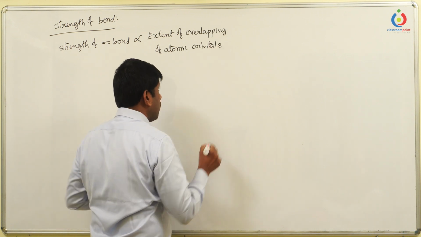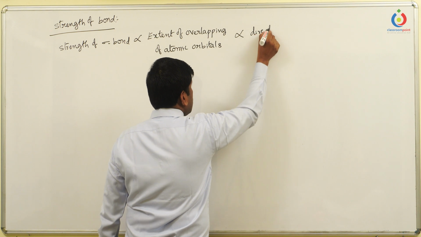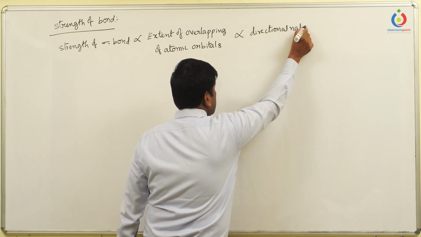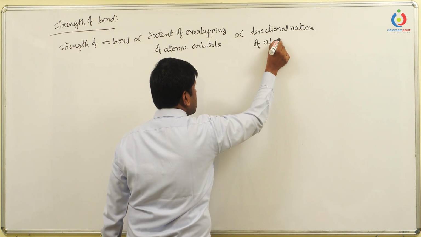This extent of overlapping is again directly proportional to the directional nature of atomic orbitals.